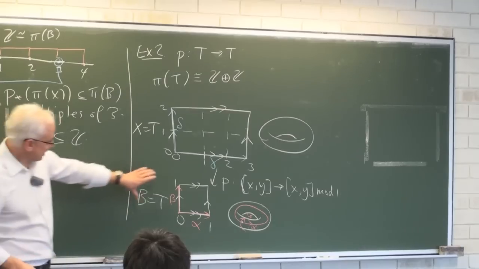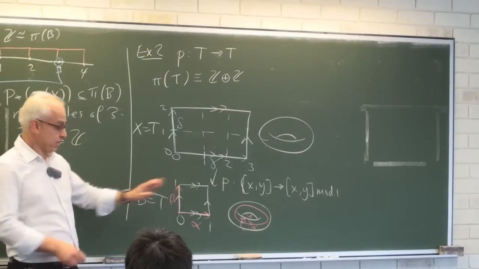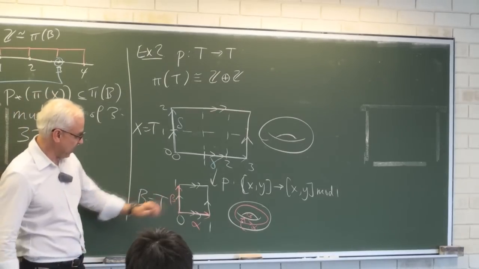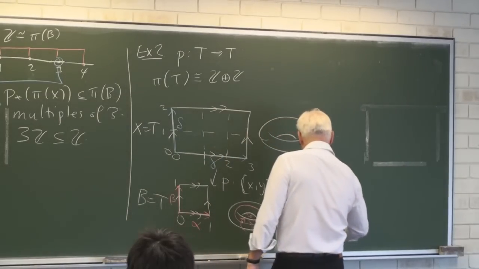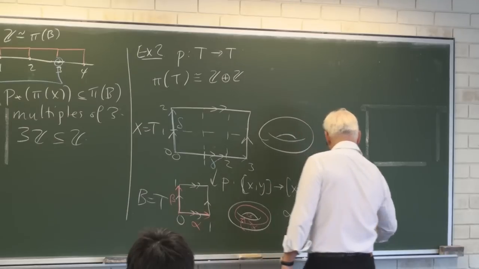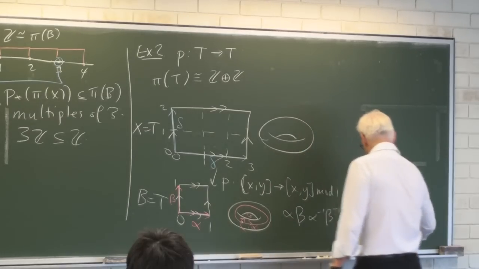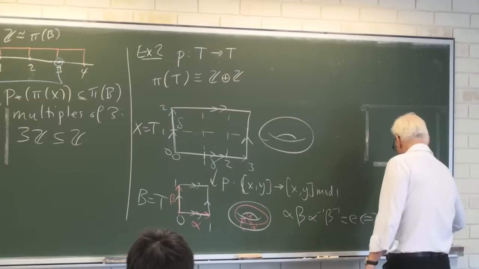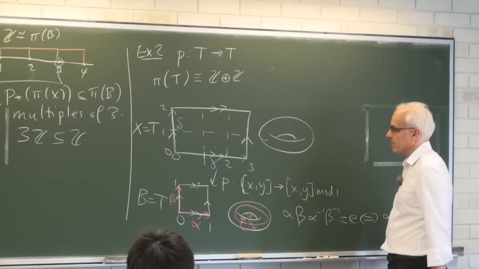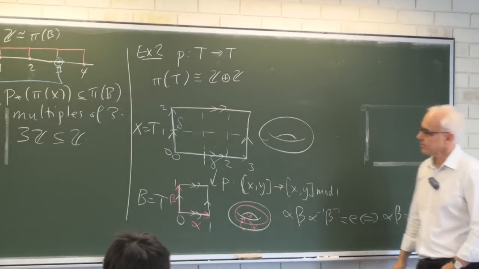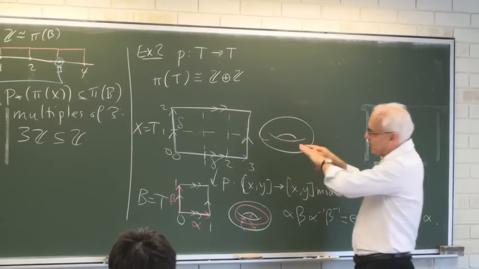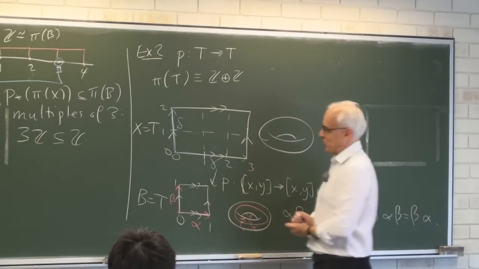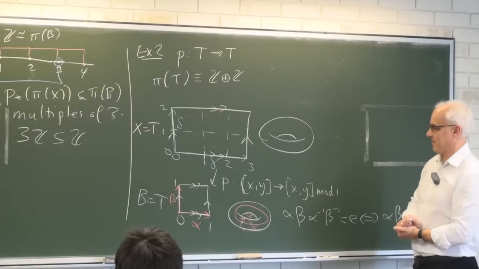The relations in the fundamental group are basically that alpha and beta commute. So that the relation is alpha beta alpha inverse beta inverse equals the identity, or equivalently, alpha beta equals beta alpha. Similarly up here. And so what is this homomorphism of fundamental groups that's associated with this picture?